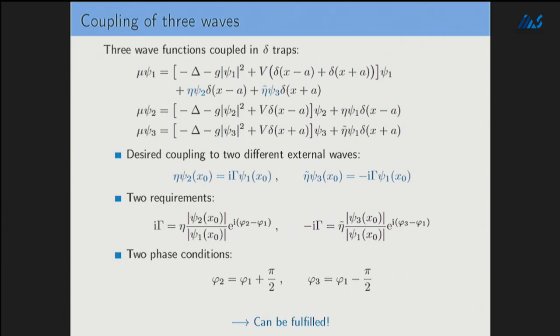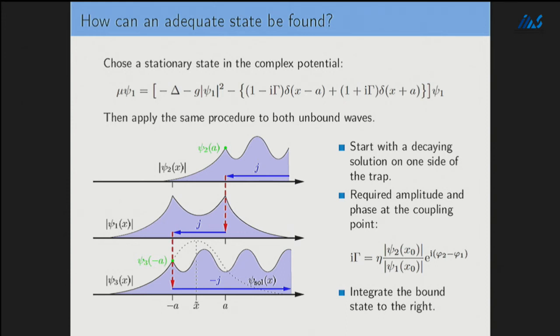We have the two requirements at the two positions. We have two phase conditions, which are here, of course, opposite in sign, because we want to implement opposite signs of this imaginary potential, and basically this should be possible to fulfill, so there should be no problem.